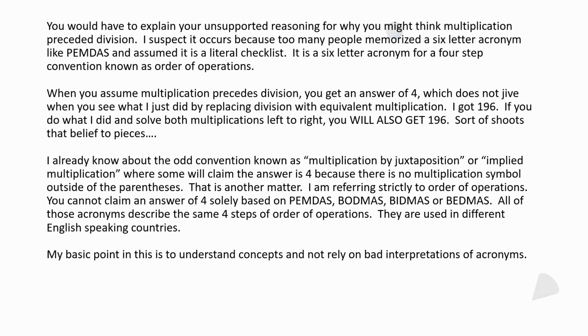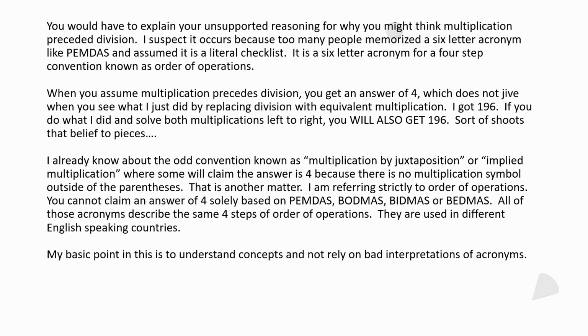So when you assume multiplication precedes division, you're going to end up with an answer of 4, which doesn't jive when you see what I just did by replacing the division with equivalent multiplication. I got 196 when I did that. And once again, 84 divided by 3 is no different than saying 84 times a third. So if you see what I did there, and you're thinking multiplication comes before division, I basically just shot that belief to pieces by showing you that.